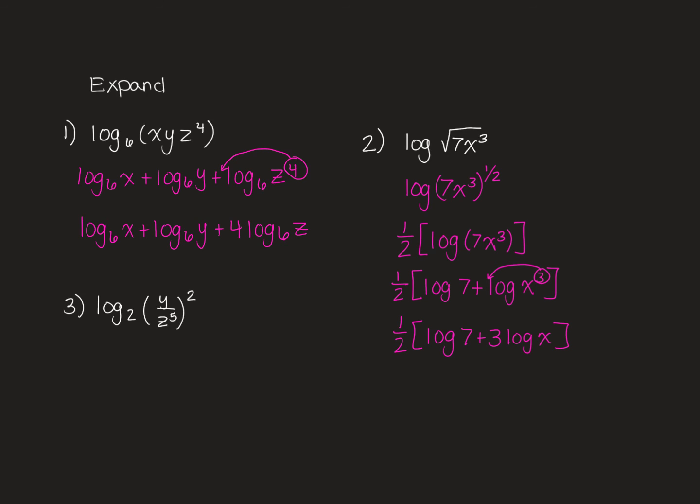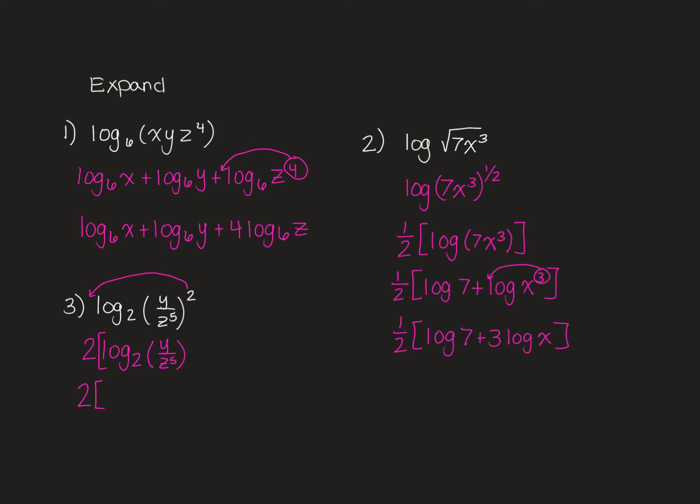All right, let's look at number 3. So I have log base 2 of y divided by z to the 5th, all of it squared. So first thing we're going to do is we're going to kick out that 2. So we have 2 log base 2 of y divided by z to the 5th. So since we are dividing, that means that we subtract our logarithm. So this 2, it's going to get multiplied by the expanded logarithm.